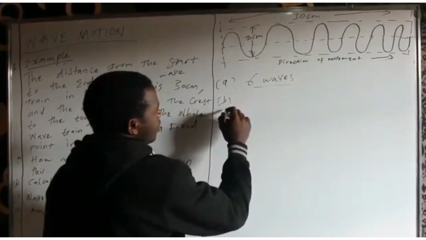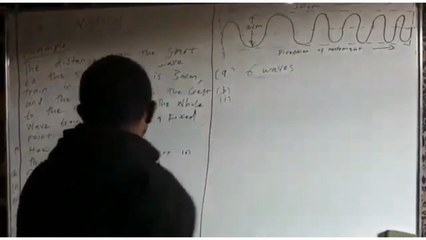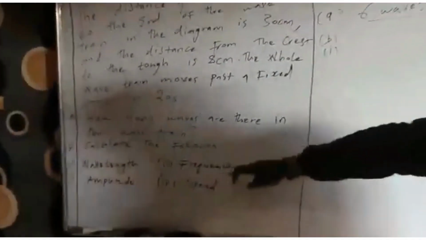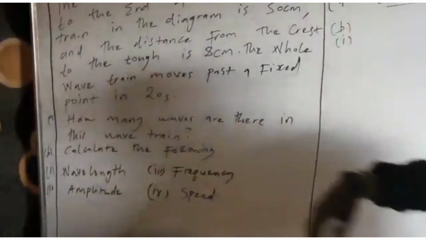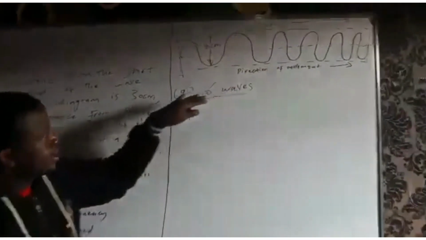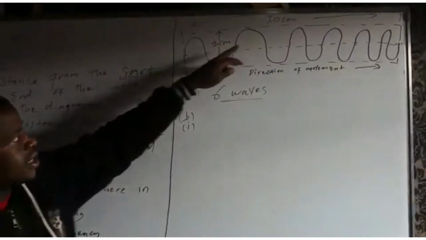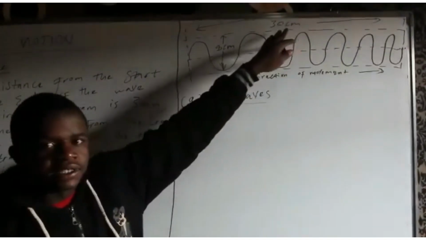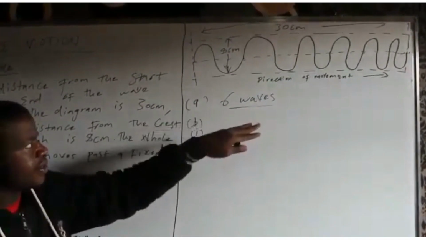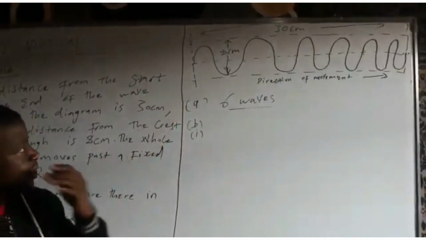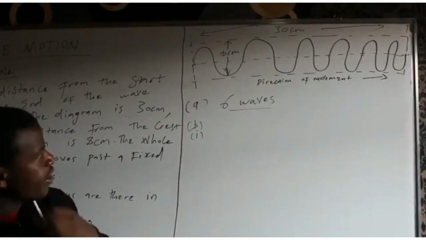Then B, Roman numeral 1. The question reads, calculate the following: wavelength. So I'm supposed to calculate wavelength. I know that the distance that the wave train travels is 30 centimeters. Then I have 6 waves. So I need to calculate the wavelength.